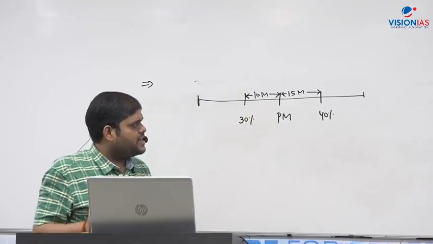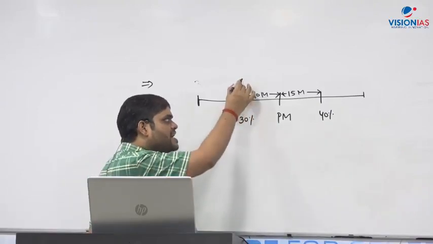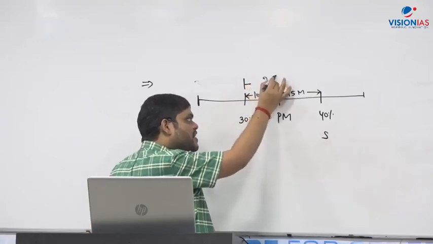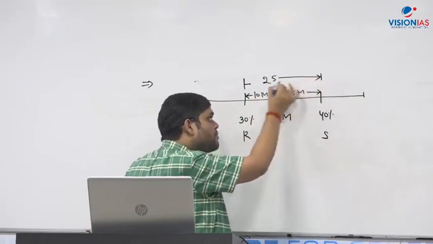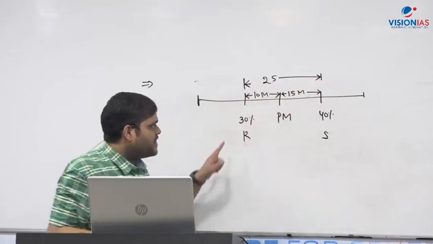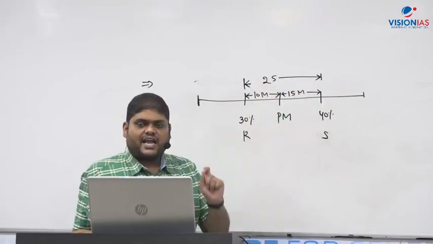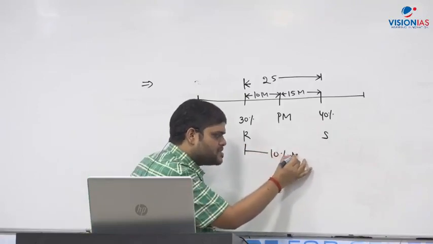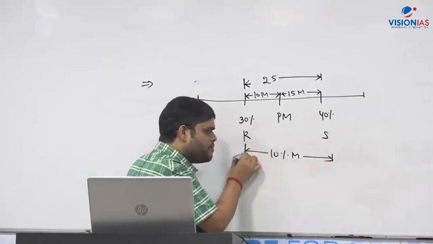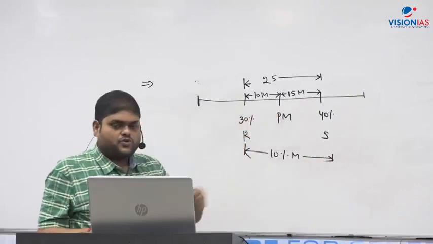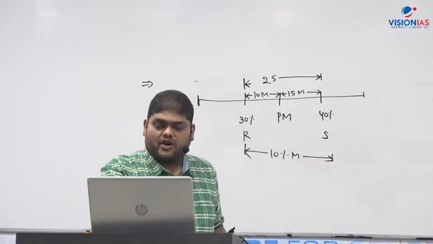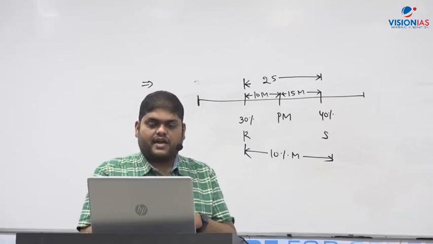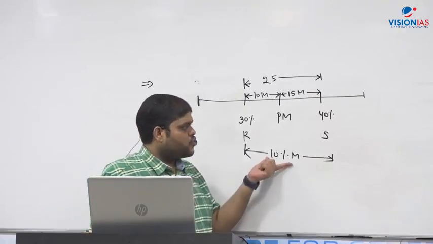So if you see, the difference in marks between Ram and Shyam is 25. And the difference in percentage here is 10% of total marks.